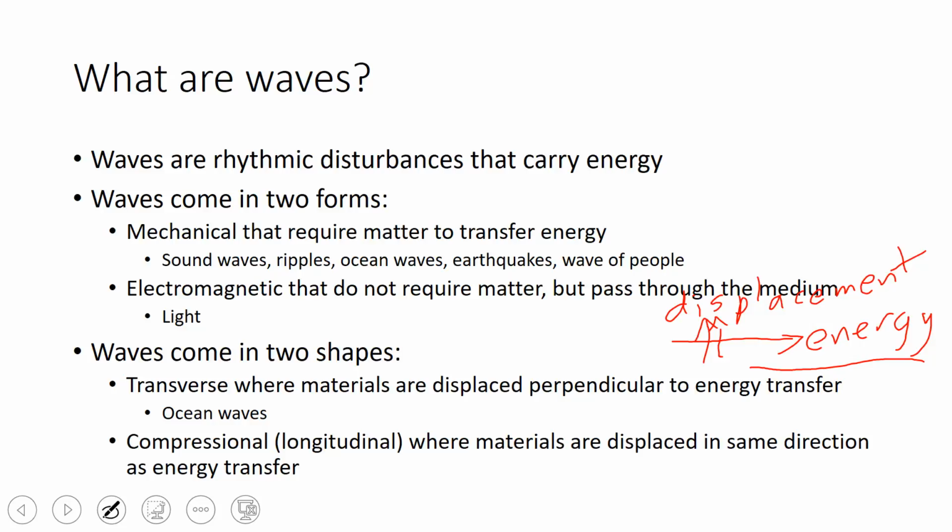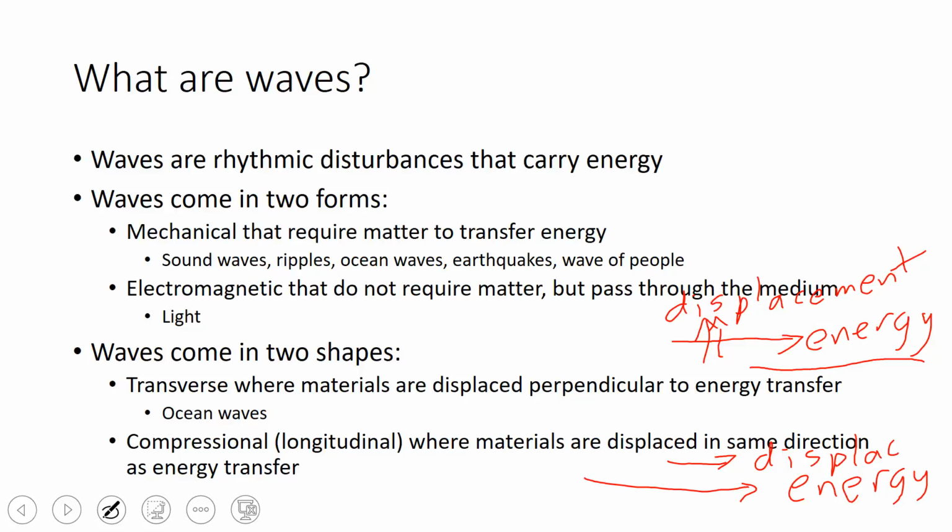The other type of wave, or the other shape of wave, are called compressional or longitudinal. Most often referred to as longitudinal waves, but sometimes referred to as compressional. So if energy is moving this way in the wave, the material or the matter is also displaced this way.